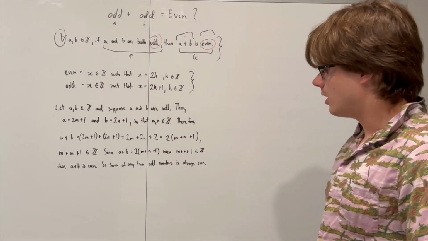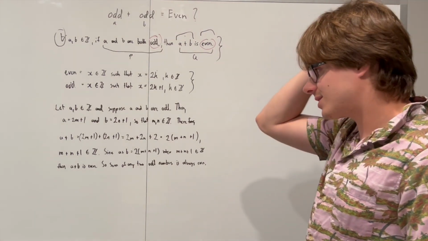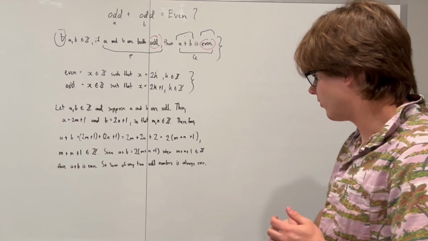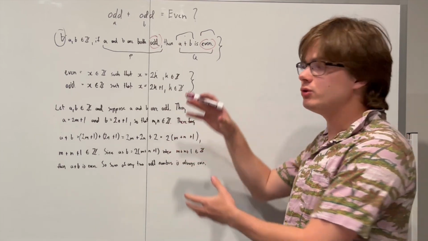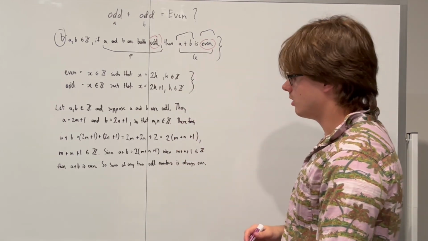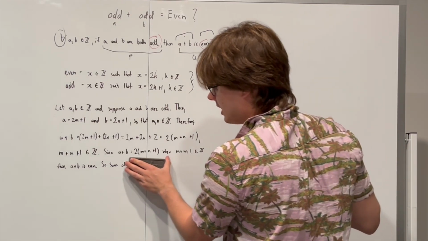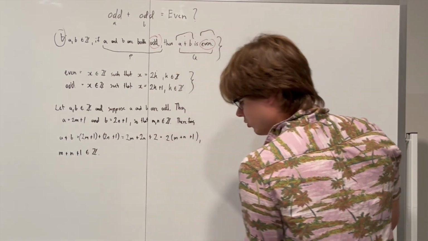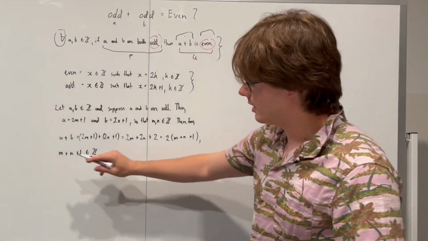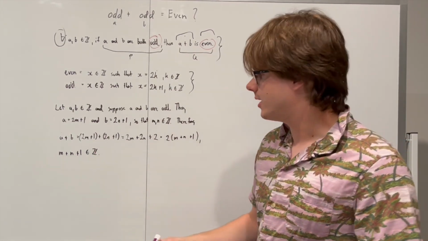Something I always tell people is you can be even more explicit, but some people disagree with this. I don't think it's very good because I don't want to write a whole lot. If you want to be super explicit, or if you don't see why this is true, what you can do is erase this part. And what you can say is, okay, since m plus n plus 1 is any integer, we can give it another name, right?